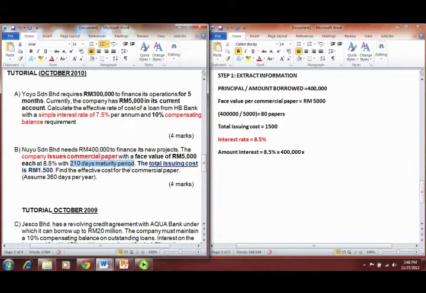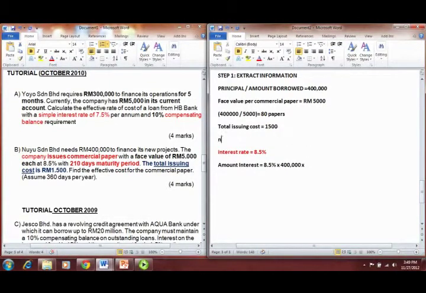The question says 210 days maturity period, so N equals 210 days, and you use N divided by 365.